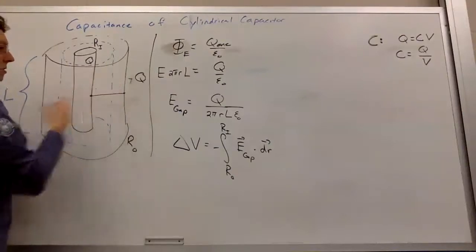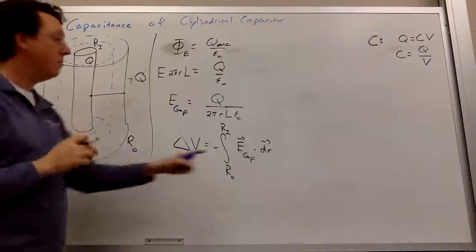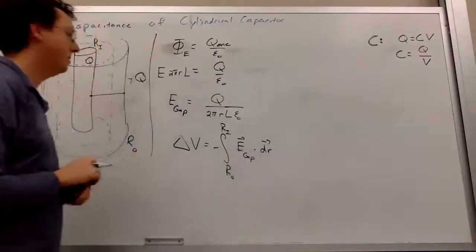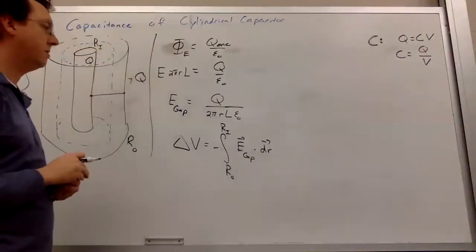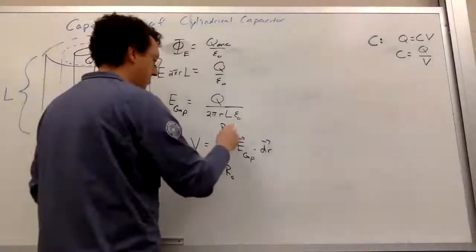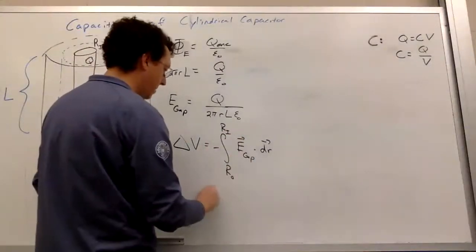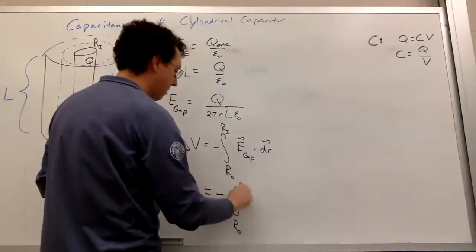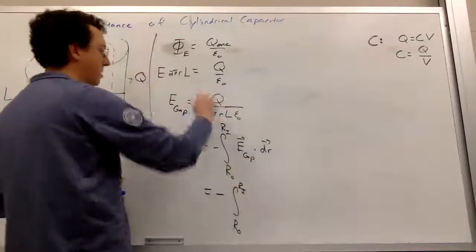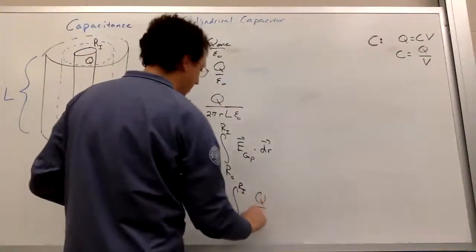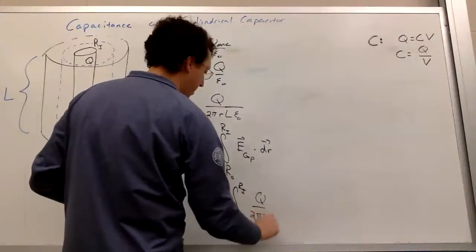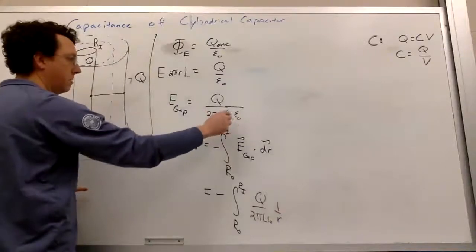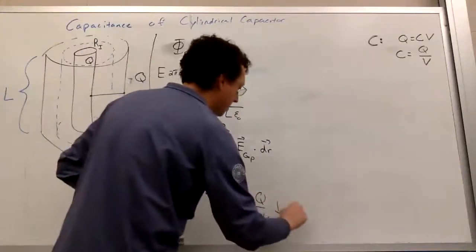It's a straight line along the radial direction, which means dr vector is just dr coordinate times r hat. And so the dot product becomes trivial, and this becomes minus the integral from R outer to R inner of the electric field we just found, Q over 2 pi L epsilon naught, 1 over R, times dr.